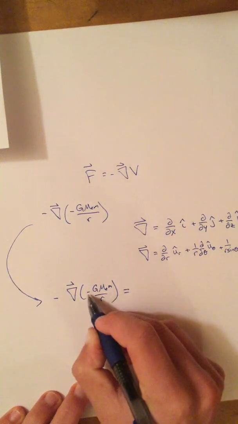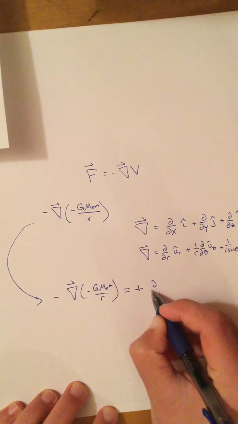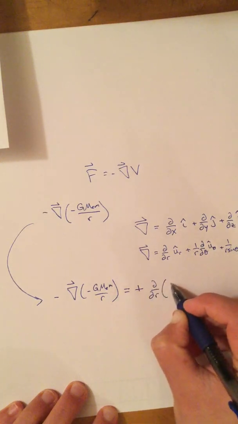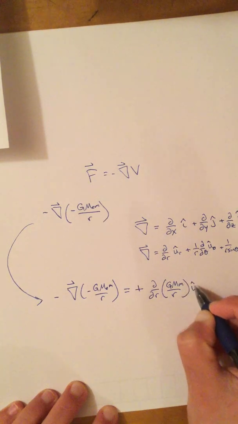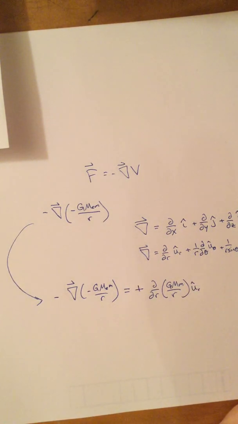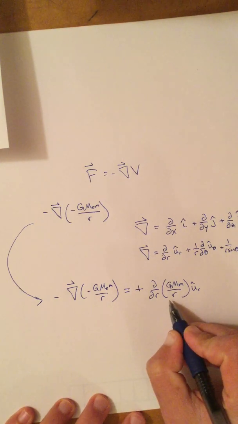So that's going to be, I have a negative sign here and a negative sign here. So how about I call that positive? Then it's d/dr of what I'm operating on, which is my potential, in the r hat direction. And so now I take the partial derivative of this.